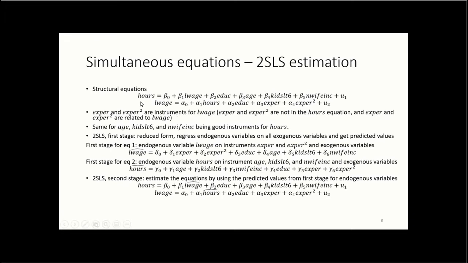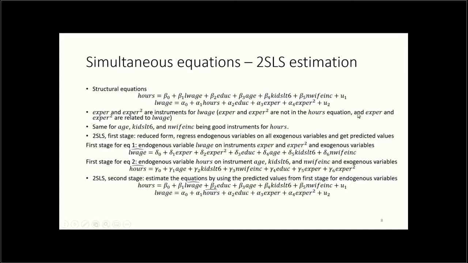Okay, so here are the structural equations again from the previous slide. As we said, experience and experience squared are instruments for log of wage, because they're not in the hours equation and they're related to the log of wage through this equation.